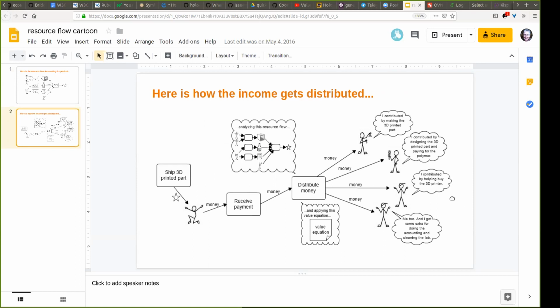And here's one of the guys who helped buy the printer, and here's another guy who helped buy the printer. And by the way, he did some accounting and cleaned the lab, so according to their value equation, he's going to get a little piece for that too. So that's the scenario. Questions?